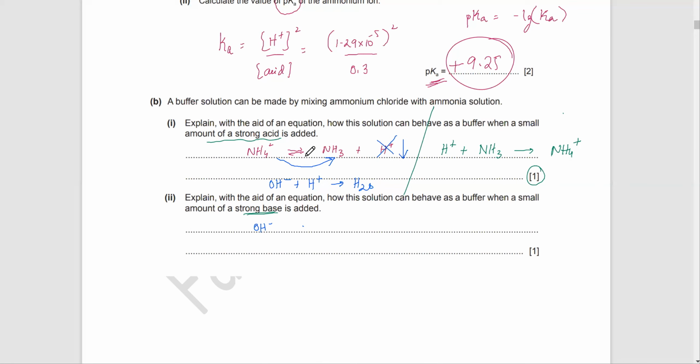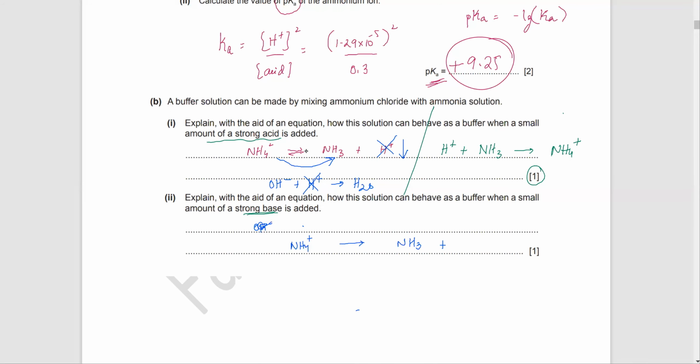So you have to write the equation in the forward direction. It's going to be NH4 plus moving in the forward direction to form NH3 plus H plus. Now remember that the H plus ions are getting neutralized. Who's neutralizing them? It's OH ions.